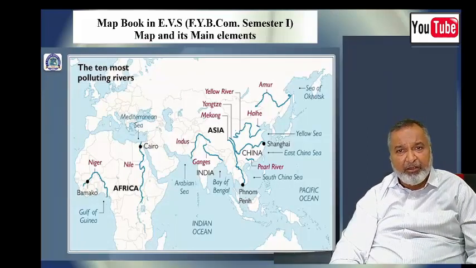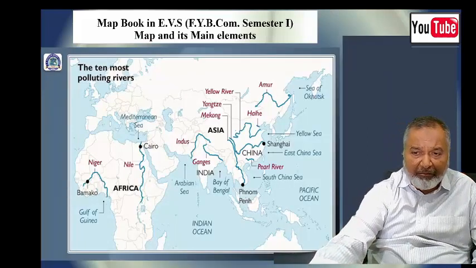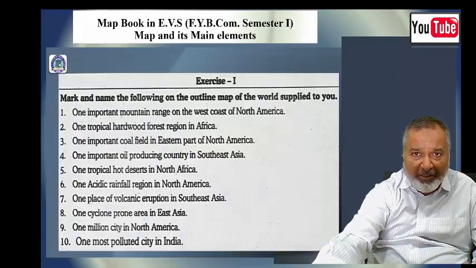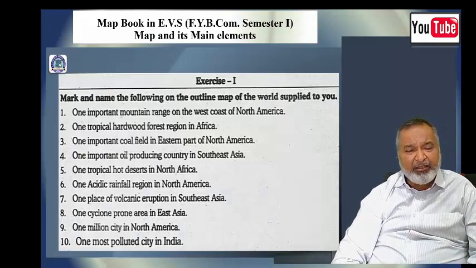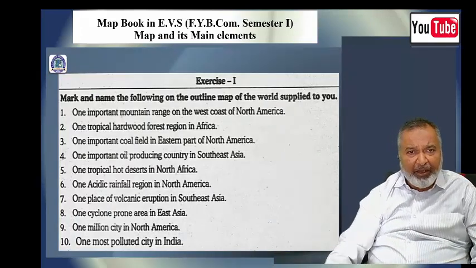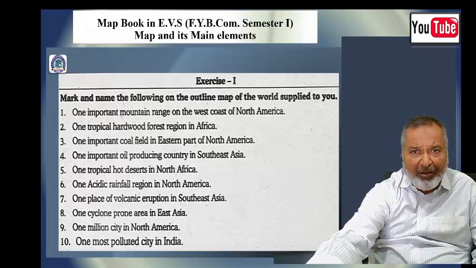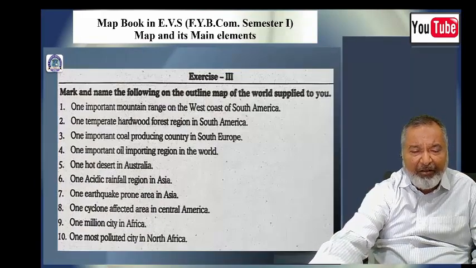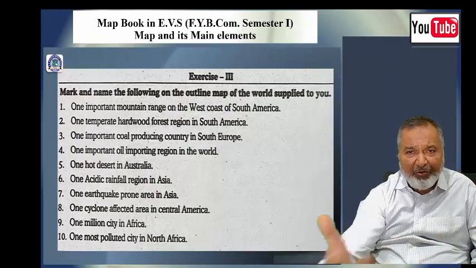You can see the various rivers which are flowing, the most polluted rivers. And these are the exercises given in the book. I have copied them down, so you can check them out. With this you can do your exercise, try to become familiar with the map and try to recollect.